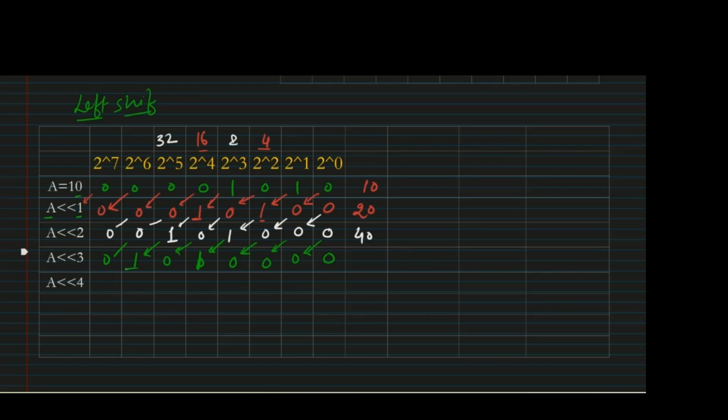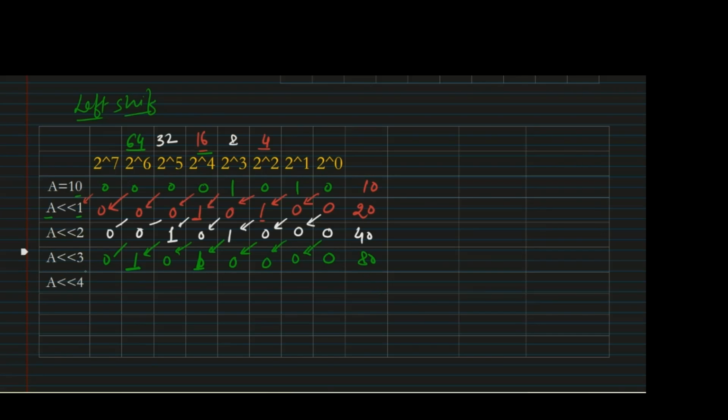So now if you can see, this is 2 raised to the power 6, which is 64, and this is 2 raised to the power 4, which is 16, which becomes 80. 64 plus 16 is 80.